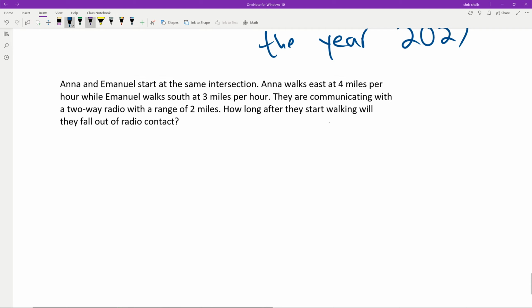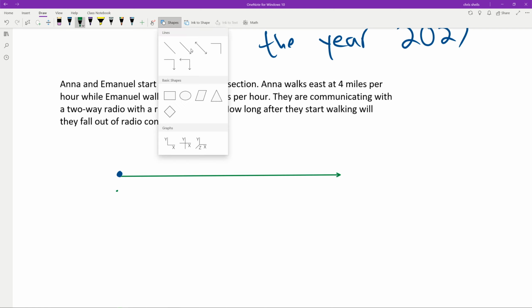Okay, so they start at the same point. Then Anna walks east. And Emmanuel walks south.